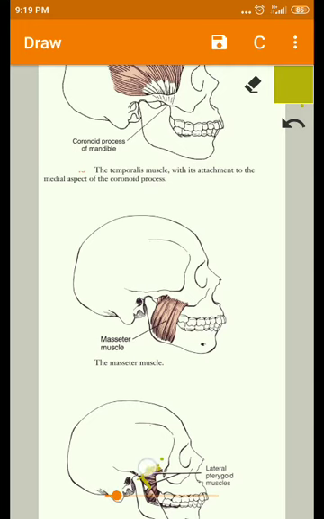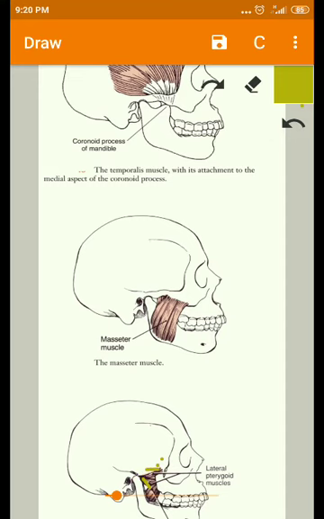So the lateral pterygoid muscle attaches anteriorly to the articular disc as well as the joint capsule. So this is about the lateral pterygoid muscle.